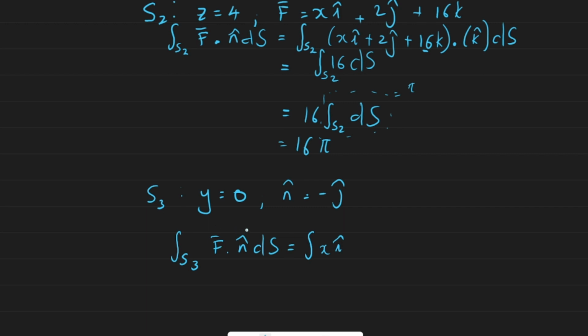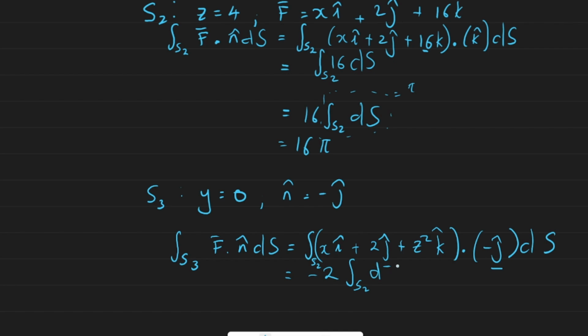And remember that y is equal to 0, so it doesn't really change anything because we have 2j in here from the question, and z squared k. And we're multiplying this by our normal vector, which we saw for surface 3 was minus j, times dS. And as before, the products of the perpendicular components give us 0, so we're only really multiplying j and j, which gives us 1, and minus and 2 gives us minus 2. And what we're left with is dS.